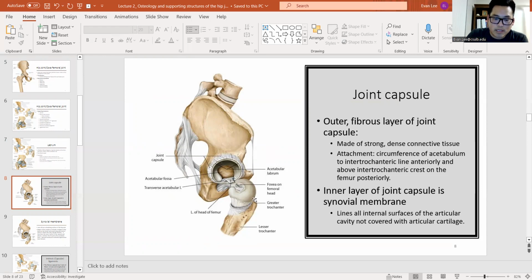So going towards the intertrochanteric line and crest, the fibrous joint capsule is going to basically encapsulate the whole hip joint. But keep in mind, inside of any given synovial joint, there is a joint capsule, but also synovial membrane inside.